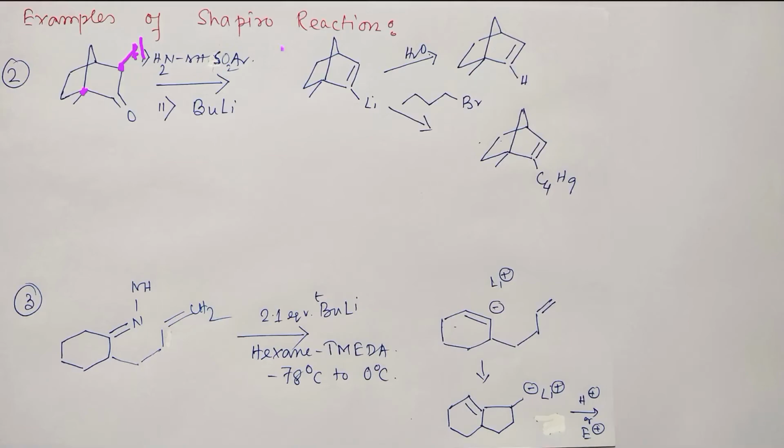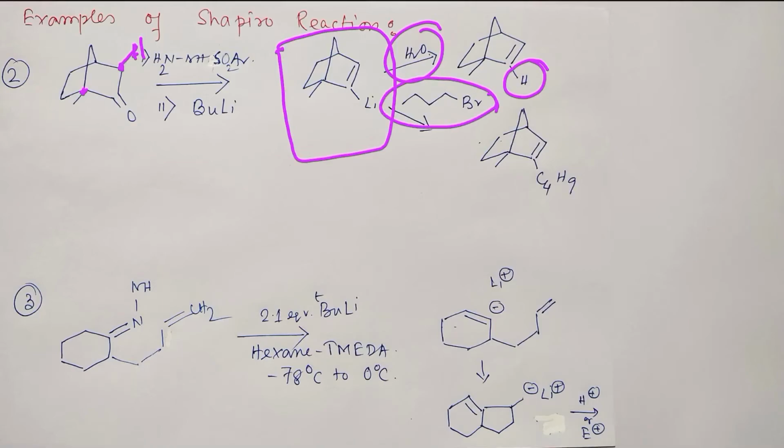So ultimately this vinyl carbanion will be generated. If you react with water, it will be quenched, or if you react with an alkyl halide, then this double bond will be alkyl substituted. Okay, this is very easy, no need to explain in detail.